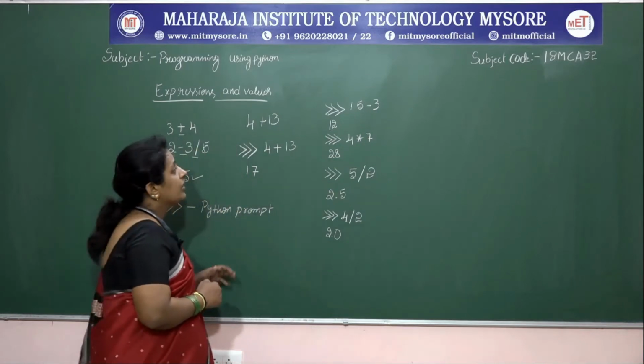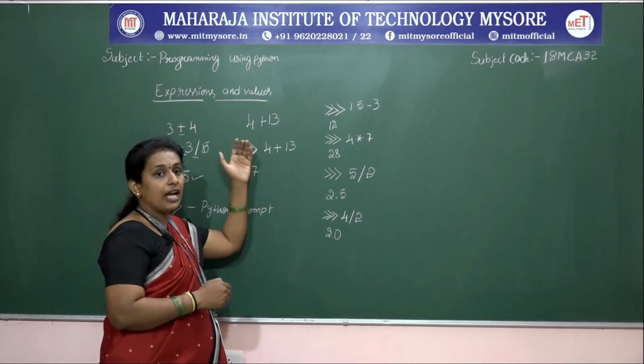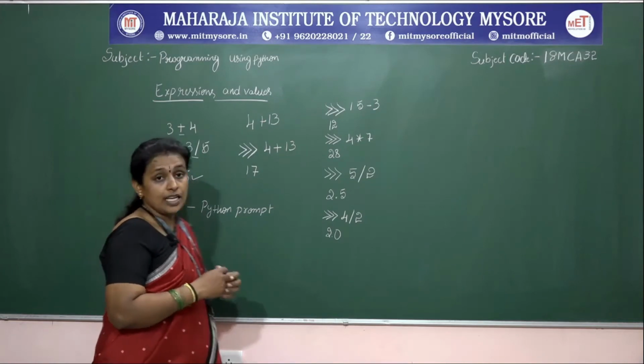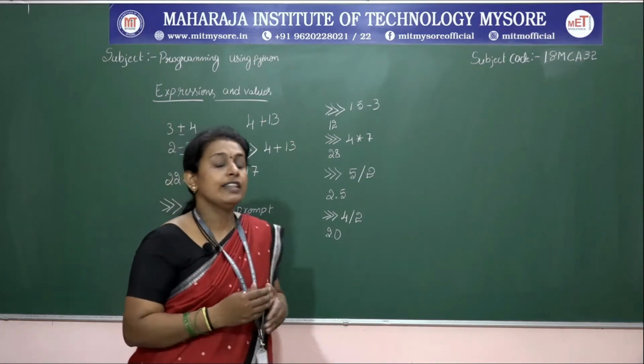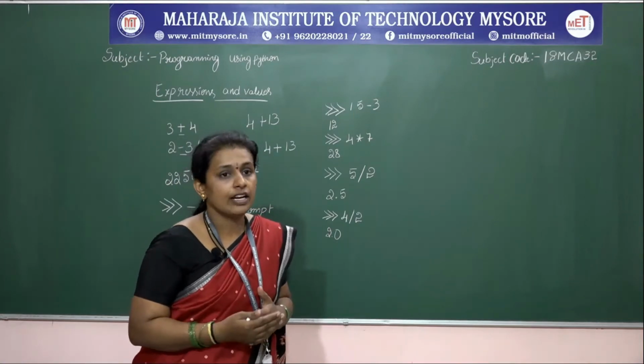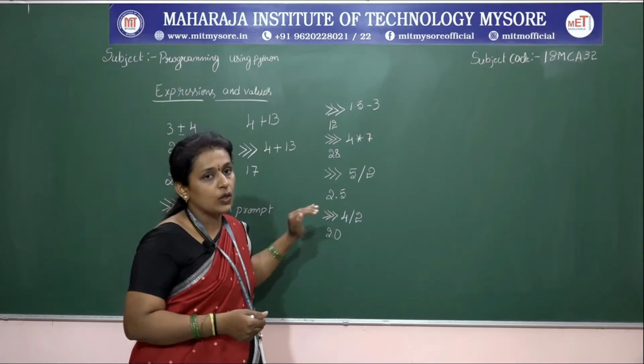So we have executed addition, subtraction, multiplication and division. Here we have seen the different types of values. When these types of values get combined, how do they behave? Here we had only integer values.